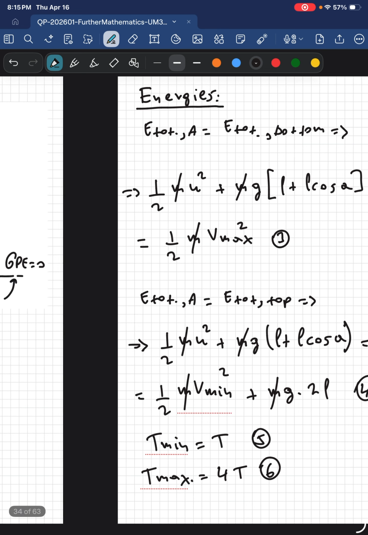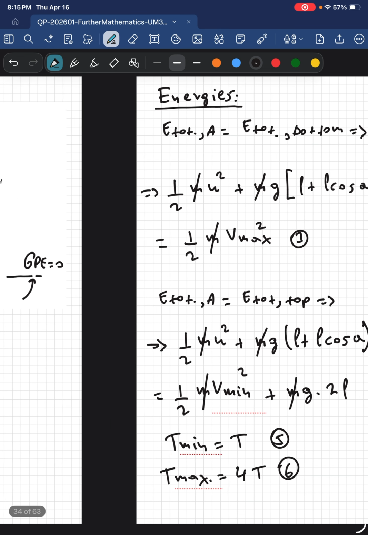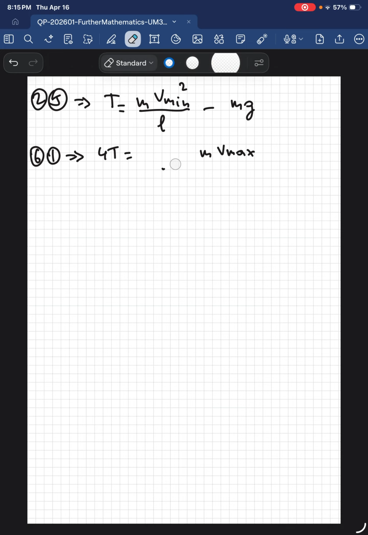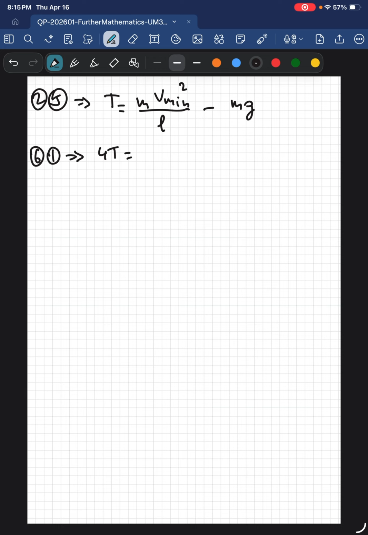Then using equations 6 and 1, we get that 4T, which is T maximum, is m times g plus m v max squared over L. Let's write it in a symmetric fashion: m v max squared over L plus m times g.